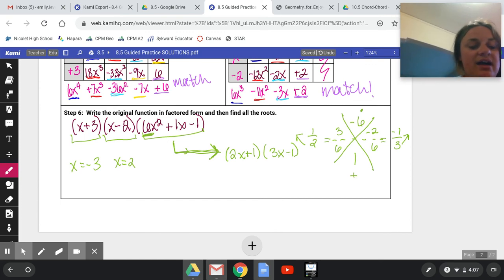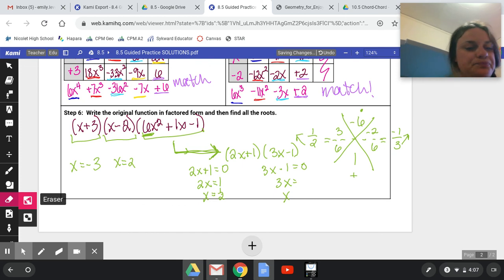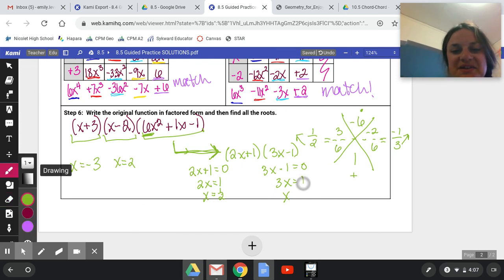I've got 2x plus 1, set that equal to 0. Subtract the 1 would give me 2x equals 1. Divide by 2, x is equal to 1/2. Next, 3x minus 1 equals 0. 3x equals 1. My bad. What was I thinking? 3x equals 1, and then I divide that by 3.